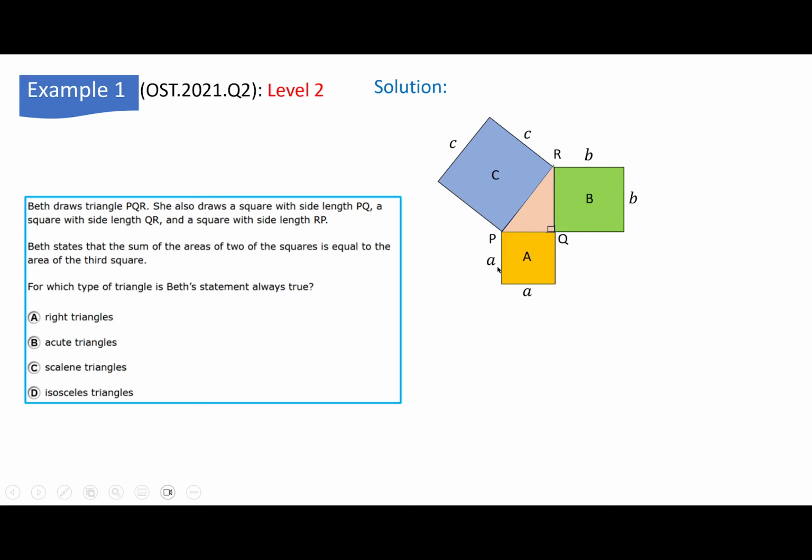And she found out that area C is equal to area A plus area B. This is only true for a right angle triangle. That's the Pythagorean Theorem. Area A plus area B is equal to area C. That's where we got A squared plus B squared is equal to C squared. So it's only true for right triangles.